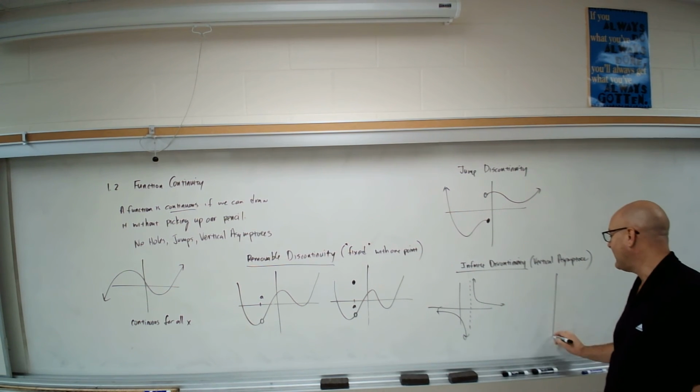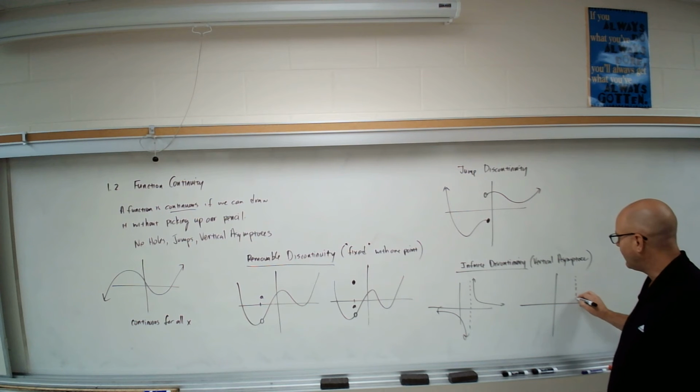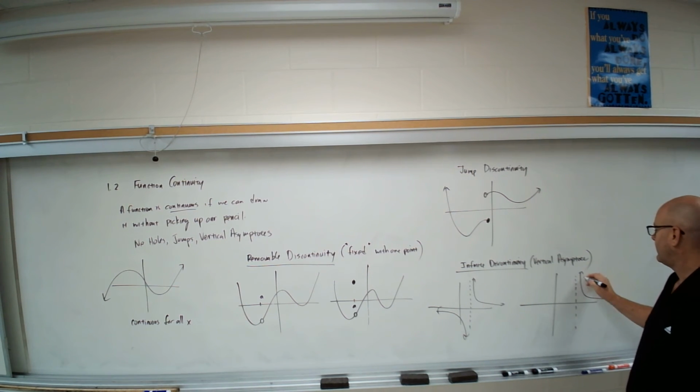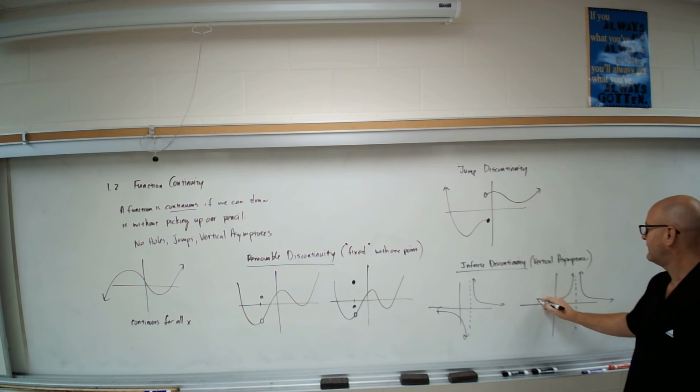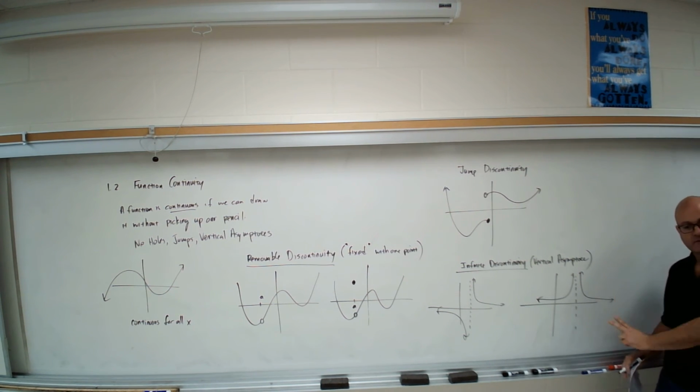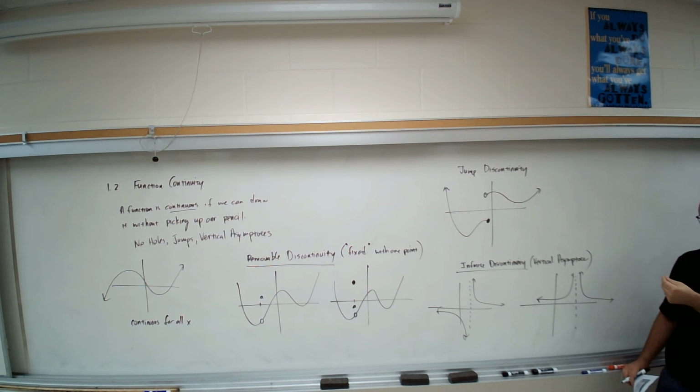And it can even occur, and a lot of times if you get an inverse squared function, it might look like this. Even though both of these are going up forever, and they're just going to keep getting closer and closer on either side of that vertical asymptote, it's still an infinite discontinuity. It still can't be repaired with one point, right?